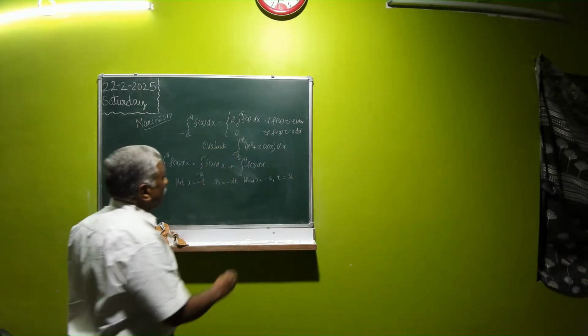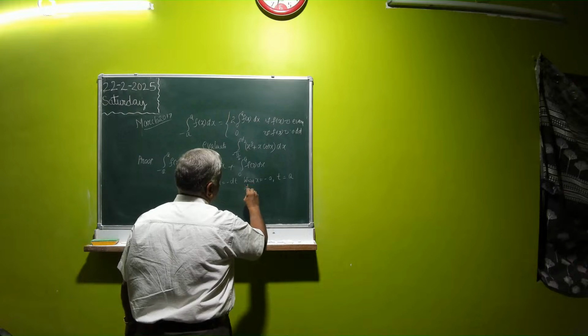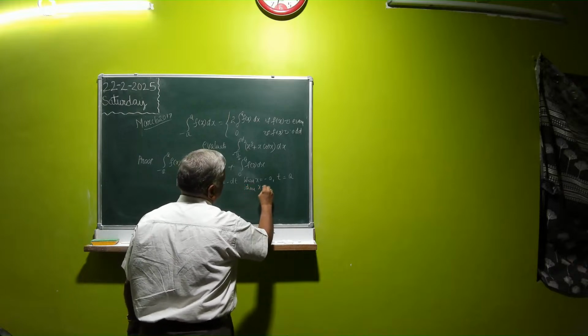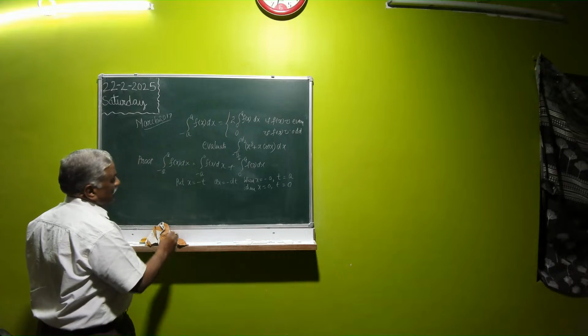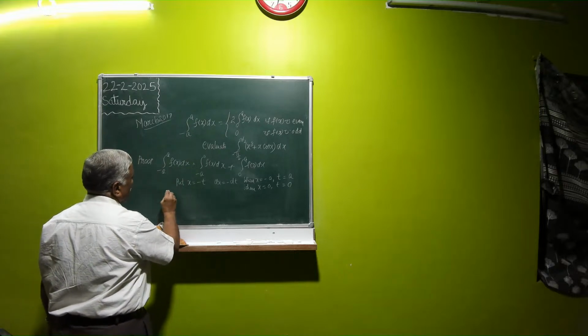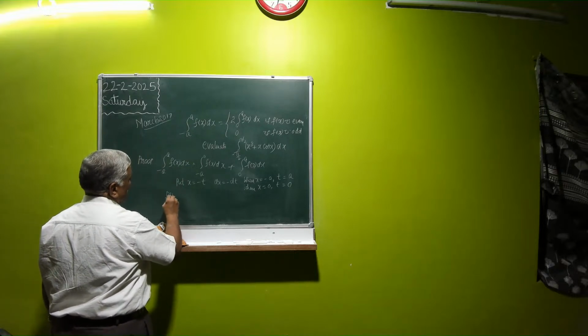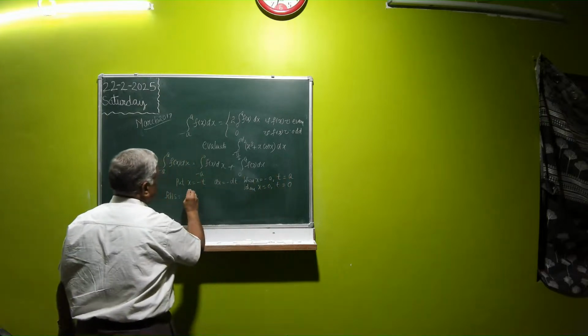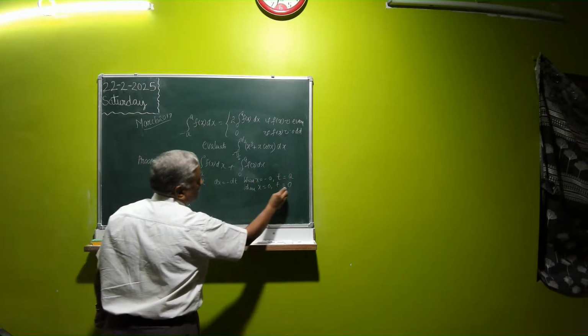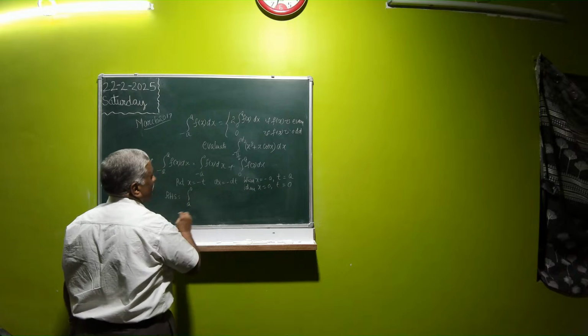And when x is equal to 0, t is also 0. So what will happen? I am writing only the RHS. The RHS is going to be: minus a has become plus a, and 0 is 0 only.